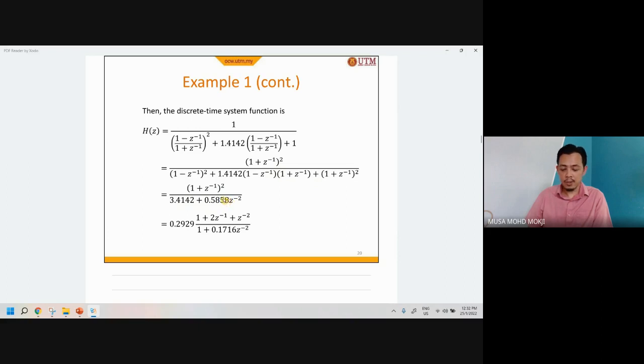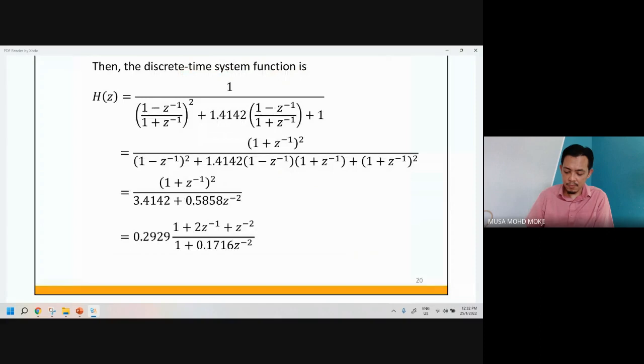And we always need to convert this into this, because what we need to do is find the filter coefficients. So what is the filter coefficient A here? The first one is 3.4142, and the second one is 0.5858, if you are referring to this one.